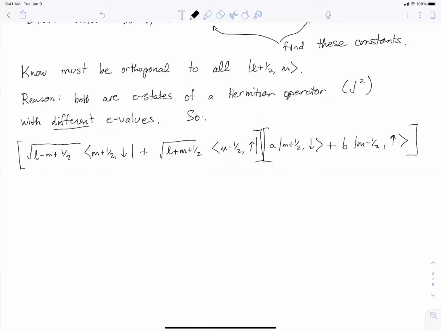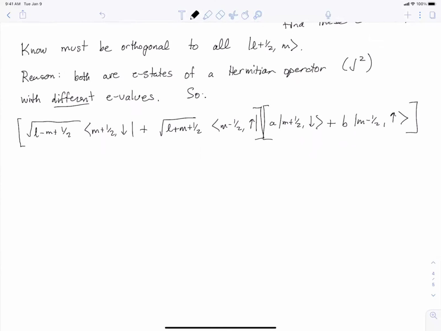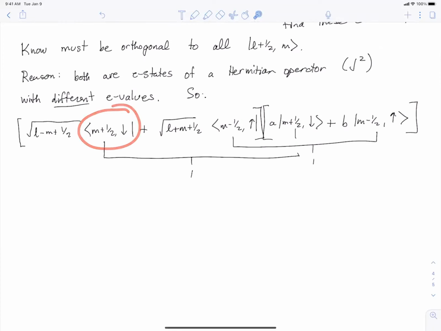And then we're going to use orthonormality of the basis vectors, which says this inner product is 1, and so is this inner product. But all the other inner products are 0. For example, this one with that one gives 0.